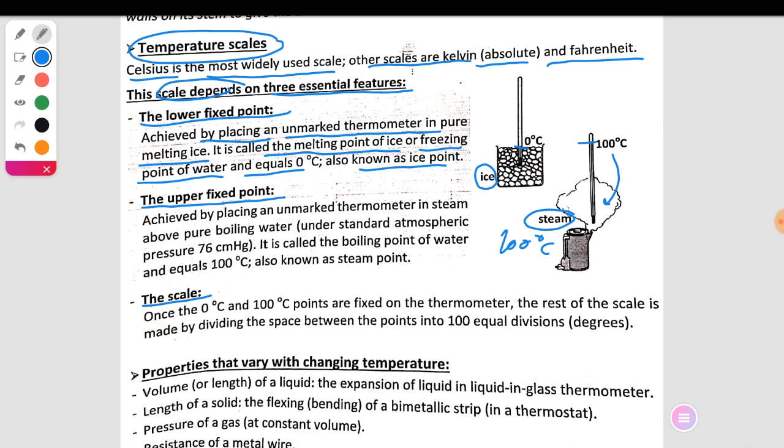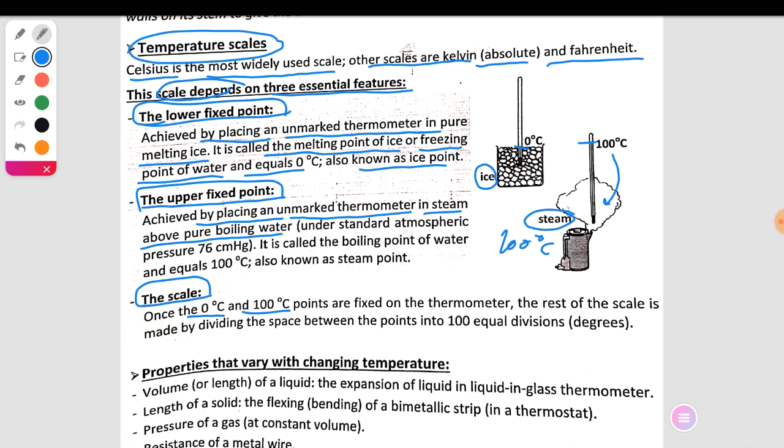The second point, the upper fixed point. Number 1, lower fixed point. Number 2, upper fixed point. The lower is 0 degrees Celsius, and 100 is the upper fixed point. The upper fixed point is achieved by placing an unmarked thermometer in steam above pure boiling water. Pure boiling water, why?